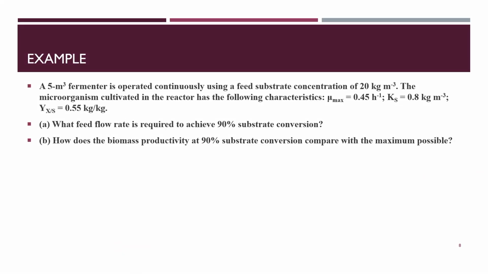Now another example. A 5 meter cube fermenter is operated continuously using a feed substrate concentration of 20 kg per meter cube. It means Si, the initial substrate concentration, is 20 kg per meter cube.